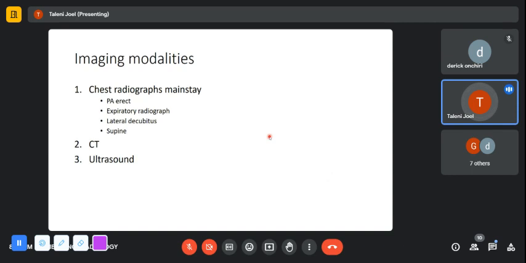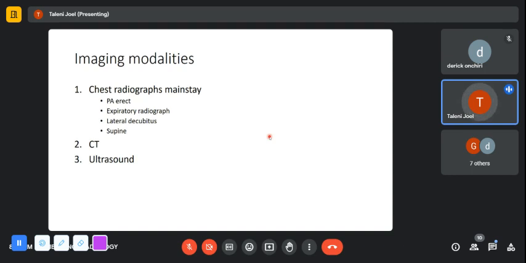The normal PA erect taken on inspiration is usually good enough to detect it, but sometimes, if the pneumothorax is very small, you'll ask for an expiratory radiograph, and if a pneumothorax is present, it will become more obvious on the expiratory radiograph. In patients who are unable to stand or to sit, a lateral decubitus X-ray can be done.